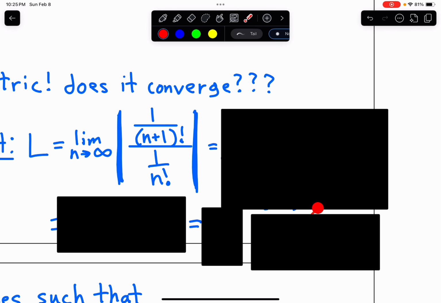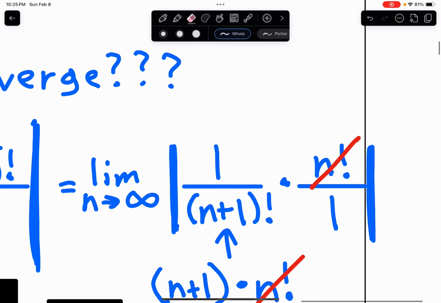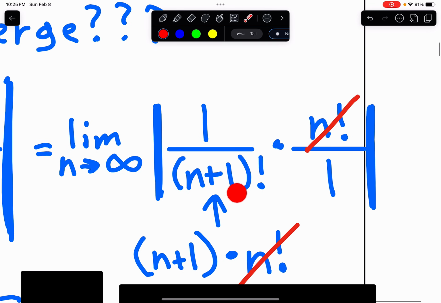Very commonly, you're going to get some complex looking fraction. Go ahead and multiply by the reciprocal, and the 1 over n factorial will become n factorial over 1. Now we can do a little bit of algebra here. Remember, n plus 1 factorial would be the number n plus 1 times n factorial. And so these n factorials would cancel.